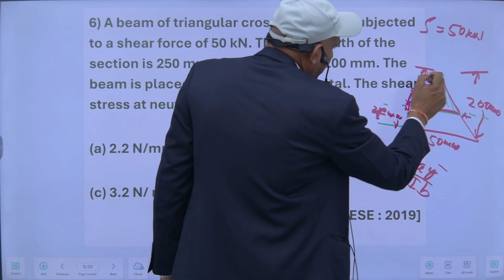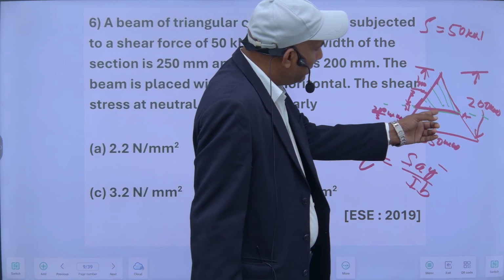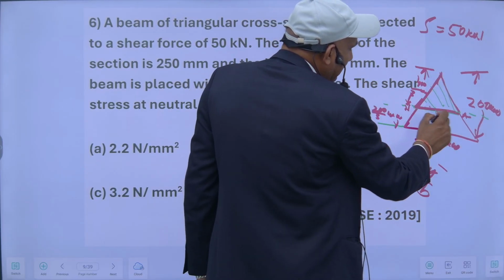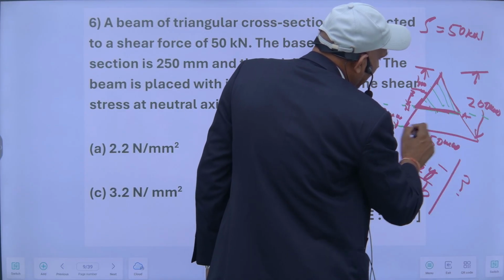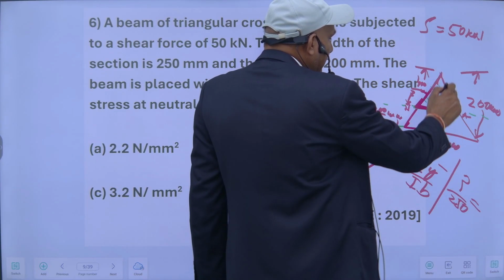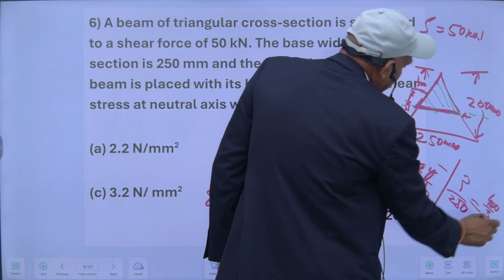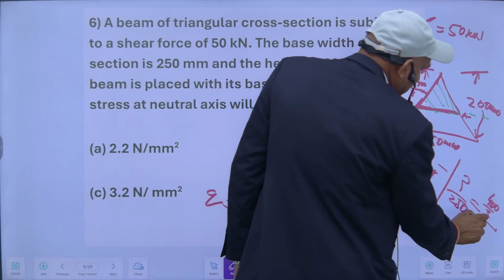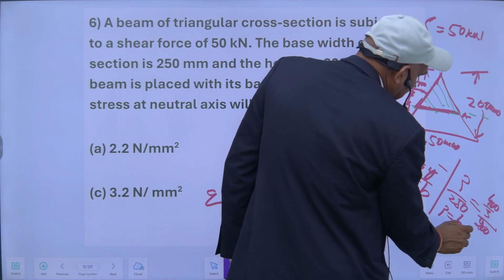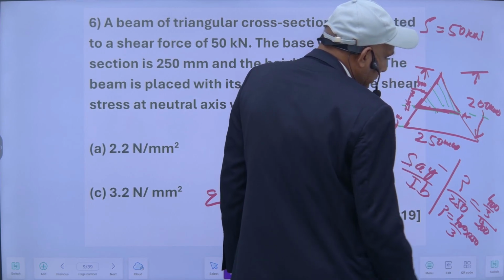The area of this will be the base width. The base width will be this base width. I can calculate it from two similar triangles. So this side divided by this is equal to this side, its height which is 400 by 3, divided by its total height which is 200. So this will be 400 by 3 into 250 upon 200.